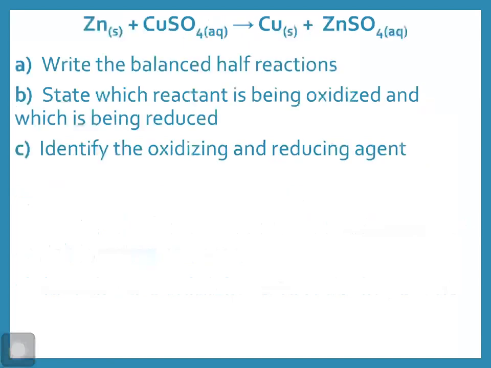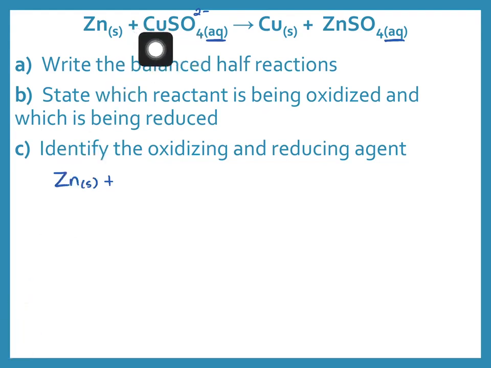For the balanced half reactions, the first thing we'll do is take anything that is aqueous and split it into the ions it would dissociate into. We have zinc, which is solid, and then sulfate, which, if we look up in our table on the back of the periodic table, is 2-.